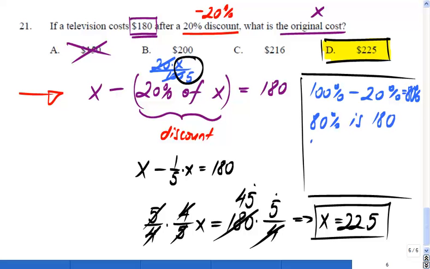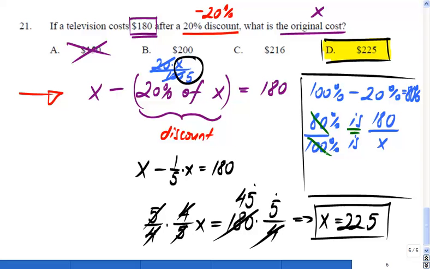How can you find the original price? Well, the original price was 100%, and that would be x. Well, here you can make up a proportion, okay? And your proportion will be 80 over 100 equals 180 over x. You can simplify here by 20, right?